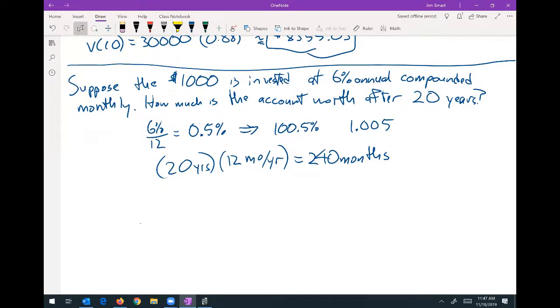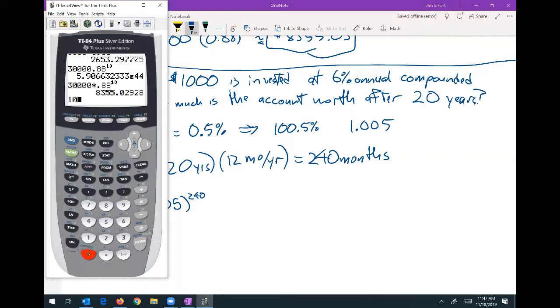So now the way I calculate it would be 1,000, my initial value, times my multiplier, 1.005 for 0.5% every month, raised to the 240th for 240 months. So let's type that in, 1,000 times 1.005 raised to the 240th power.